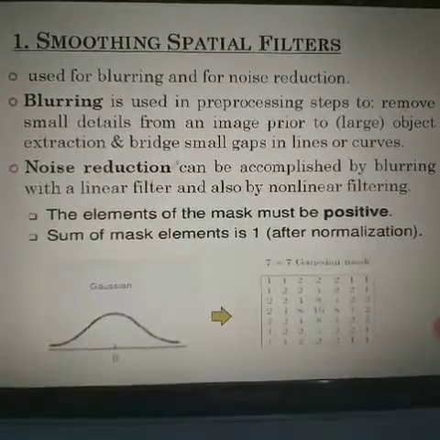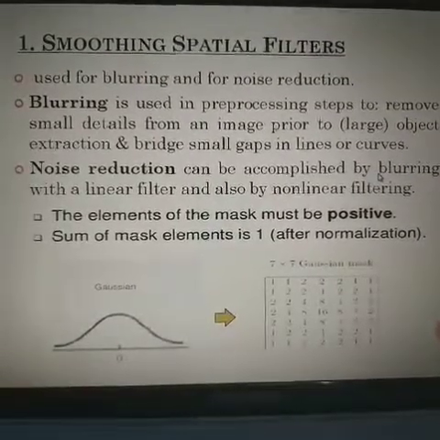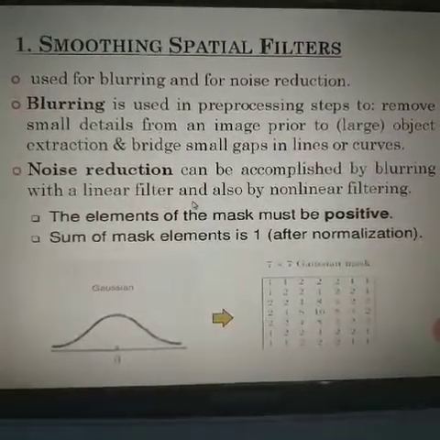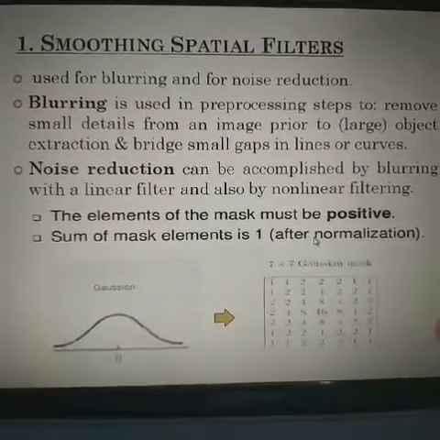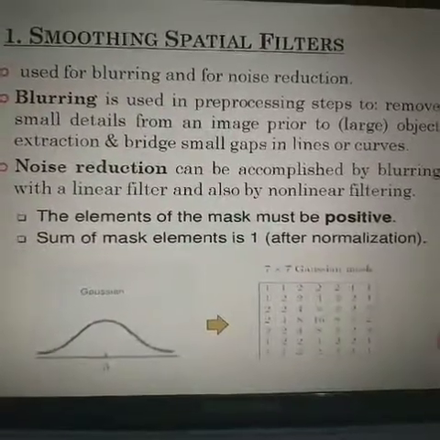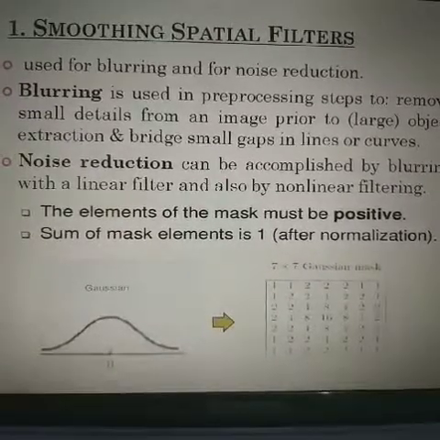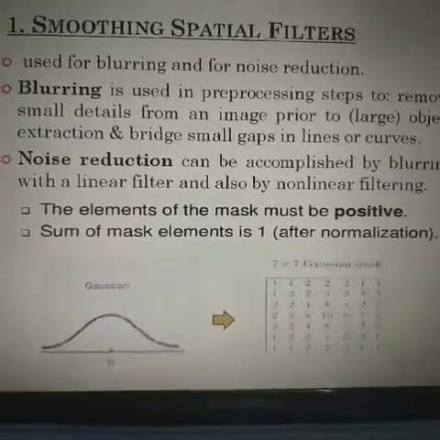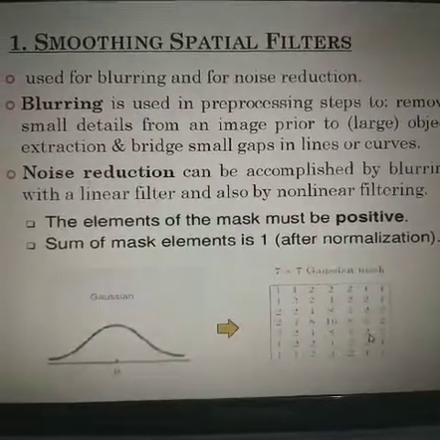The second one is noise reduction, which can be accomplished by blurring with a linear filter and also by a non-linear filter. The elements of the mask must be positive. The sum of the mask elements is 1 after normalization. If we have any image, we apply the mask over it to reduce blurriness and for noise reduction.